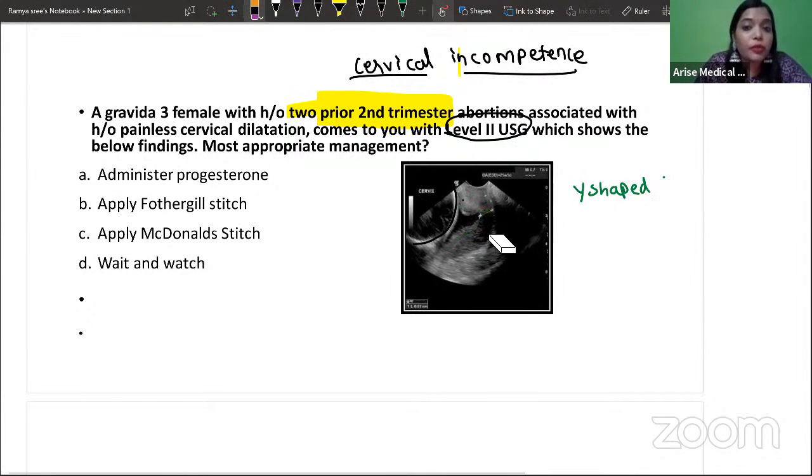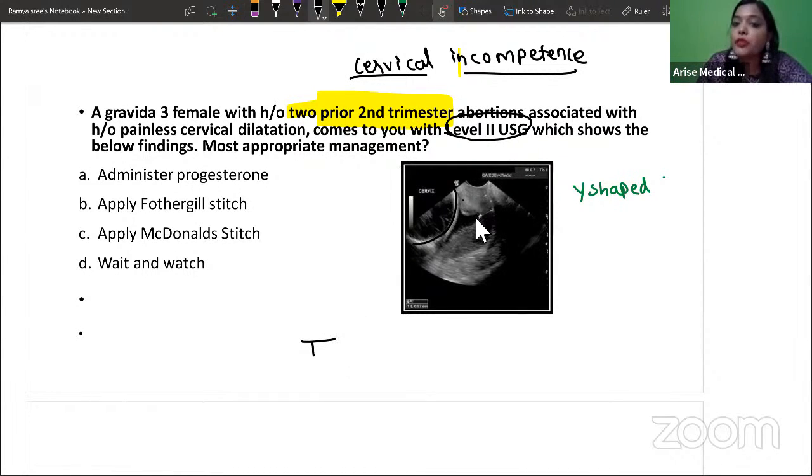So the next question to you all is, what is the pattern of opening of the cervix in cervical incompetence or preterm labor? So the pattern of opening of the cervix in preterm labor or cervical incompetence is, a competent os will look like T-shaped.